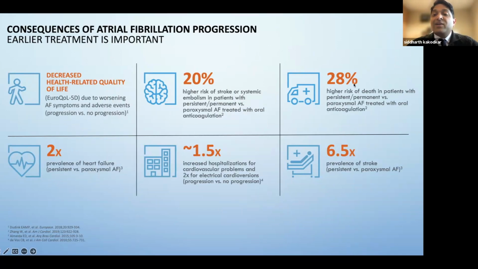There's a 28% higher risk of death in patients with AFib compared to normal rhythm, and this is people who are on blood thinners. There's twice the prevalence of heart failure, 1.5 times higher risk of hospitalization for cardiovascular problems, and then 6.5 times higher risk of stroke.